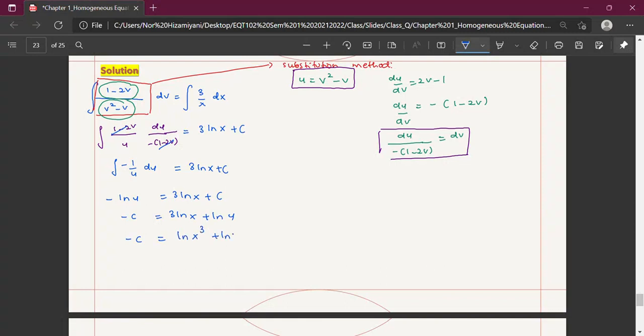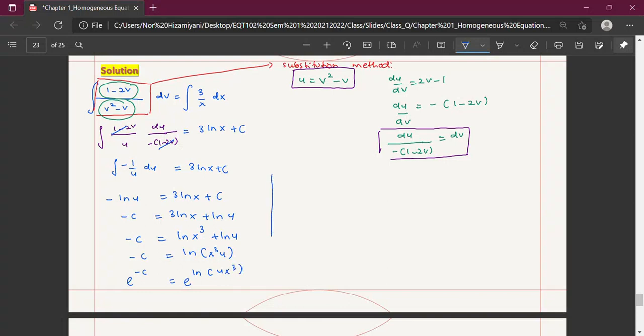If you find it's confusing, you can just refer to example 2. I already showed you how to use properties of ln to simplify. So when you combine, you will get x to the power of 3 times u equal to negative c. And then you take the exponential function on both sides in order to eliminate ln. So I will write u x cubed.